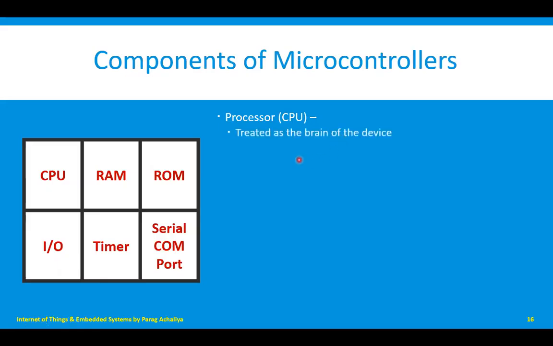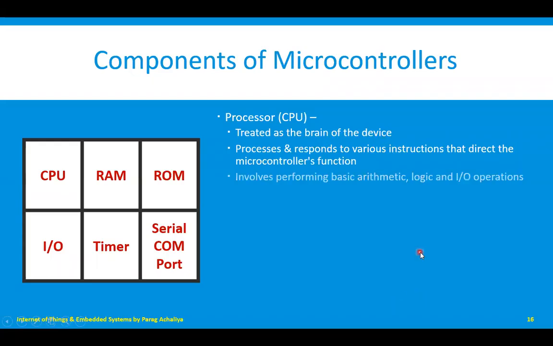A processor is treated as the brain of every device. It processes and responds to various instructions that direct the controller's function. All the microcontroller's functions and their instructions will be processed and responded to by this processor, or CPU, central processing unit, which is treated as the brain of any device.